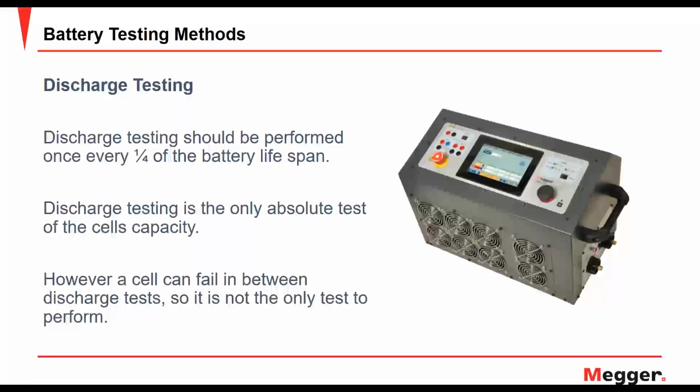One more thing with this test is that you can add a battery voltage monitoring system to it, or BVM for short, which can periodically measure the voltage of each and every individual cell during the discharge period. That system comes with a lot of parts depending on how many cells you have in your configuration.